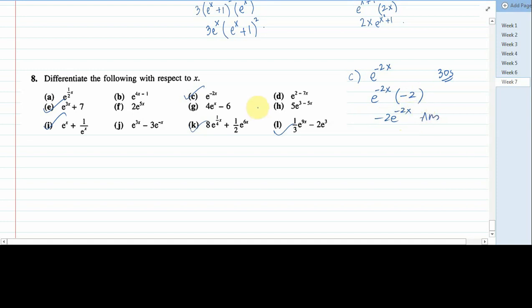All right, after part C, start with part E. It says e to the power 3x plus 7. Give it a try. Time is 40 seconds, so start.